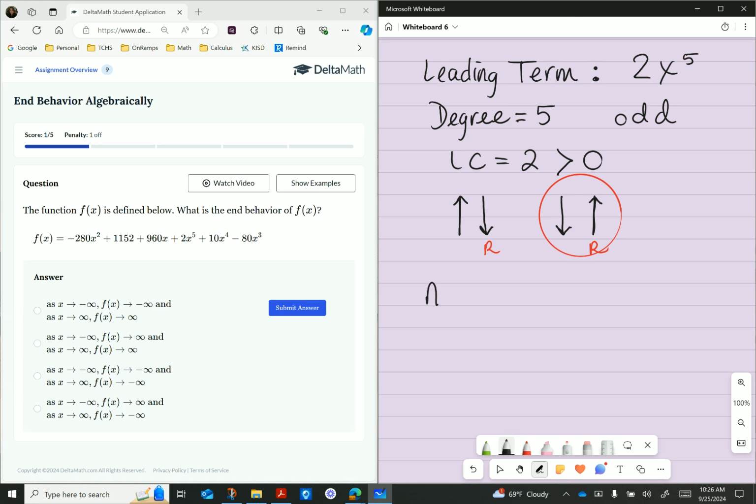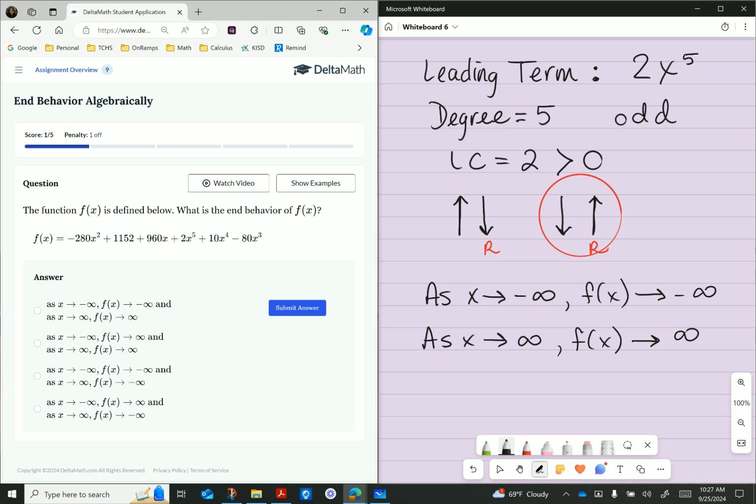This is the left arrow, and this is the right arrow. Left points left, negatively, and right points right, positively. And then what is my function doing? The left one is going down, and the right one's going up. That's all you do. So negative infinity, positive infinity, that was this one right here. And you're done.